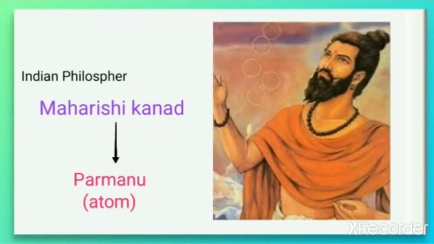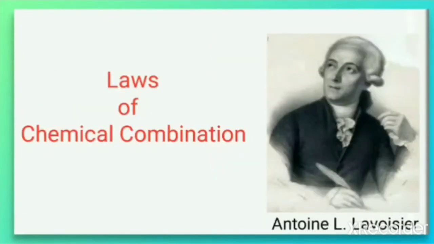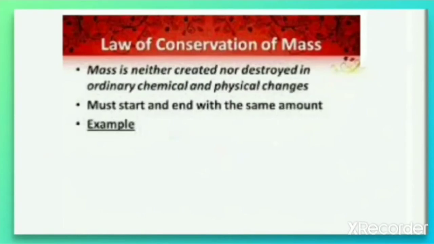Another scientist, Antoine Lavoisier, laid down two important laws of chemical combination. These laws are, first, the law of conservation of mass. Mass is neither created nor destroyed in ordinary chemical and physical changes.